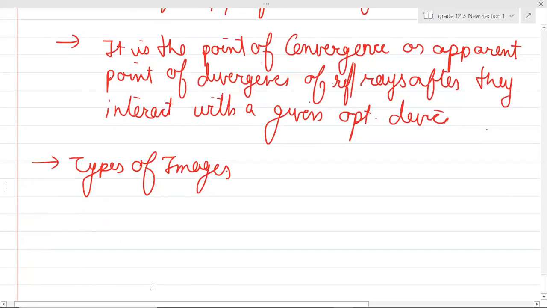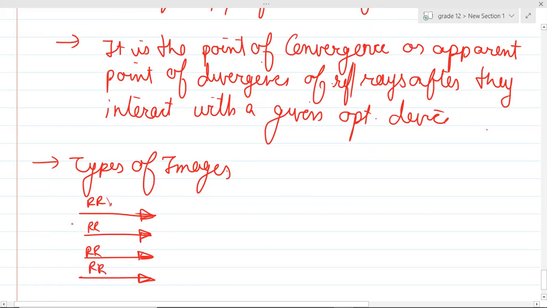Suppose I'm drawing for reflection only. Suppose these are your reflected rays, all of them are reflected rays. So let's say this is your optical instrument, wherever the optical instrument may exist.